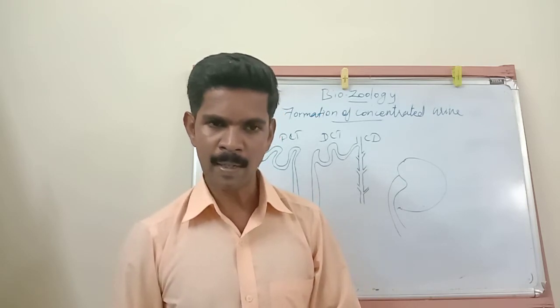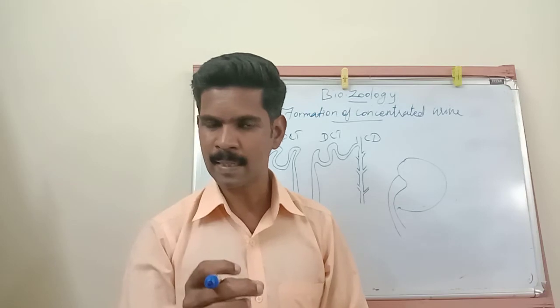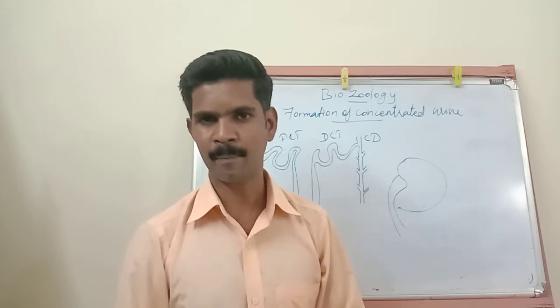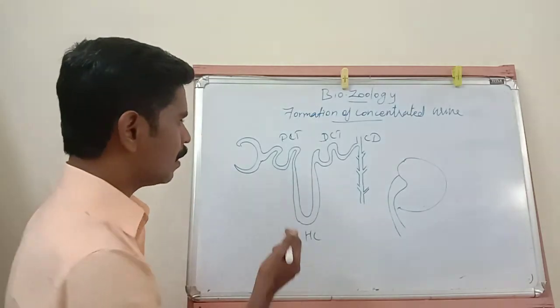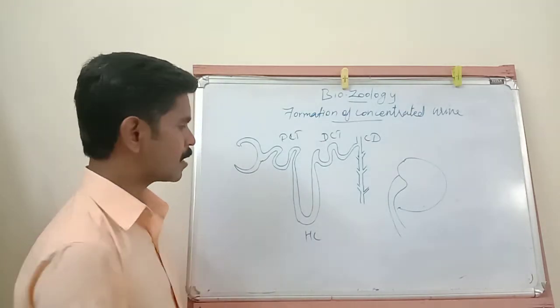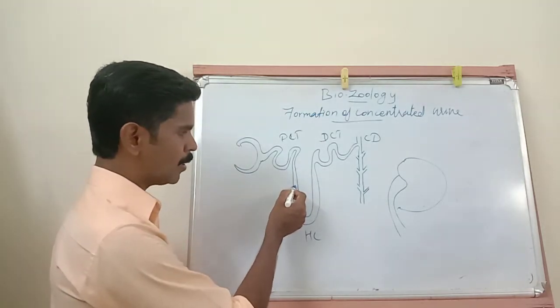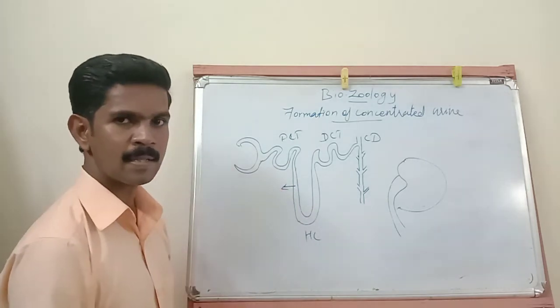When the fluid enters the descending limb, a large amount of water moves from the lumen to the outside, that means to the interstitial tissue.